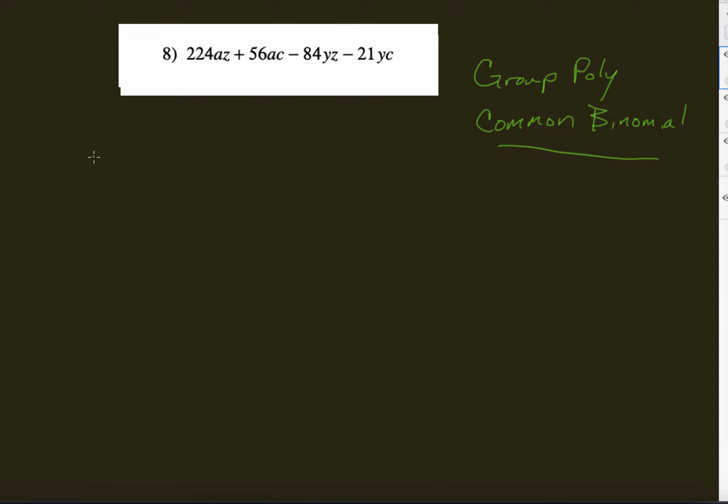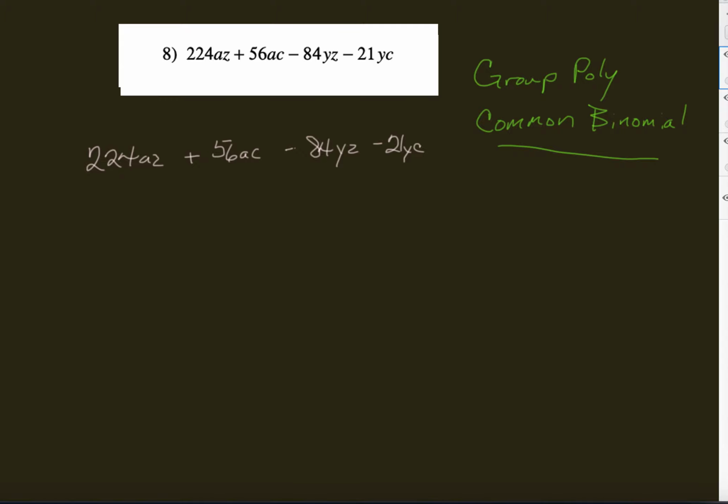So let's rewrite it out. 224az plus 56ac minus 84yz minus 21yc.